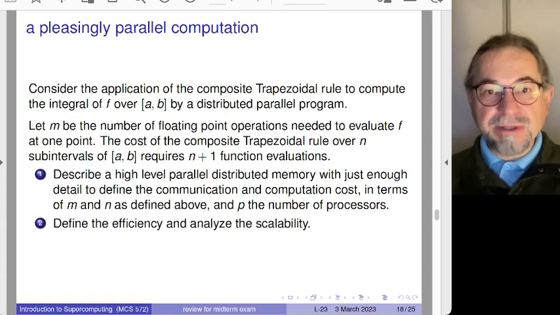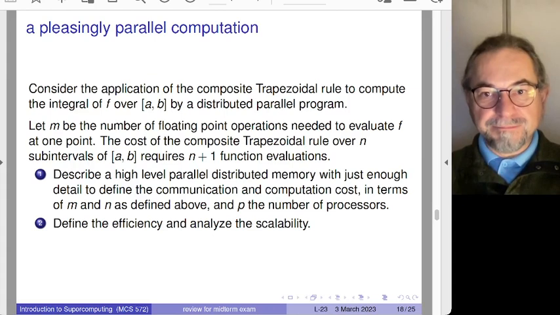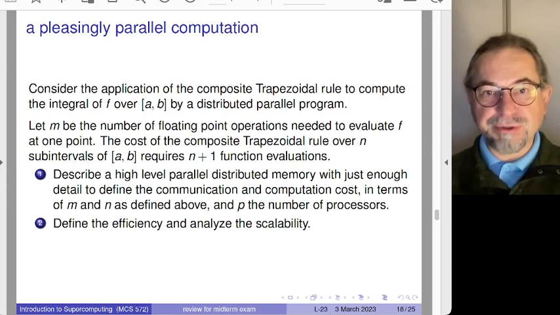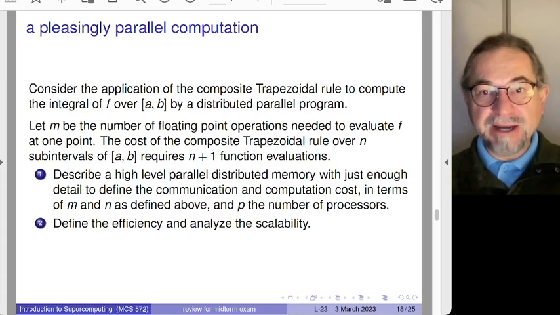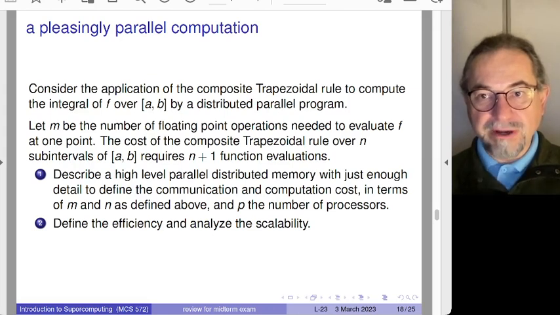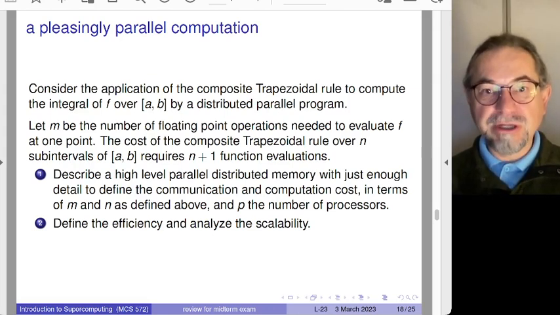In describing the high-level parallel distributed memory version, you could start out with the distribution of the parameters A, B, and N, or you could have that computed, but in any case, the communication of the result, where every processor has computed its approximation over the subinterval.